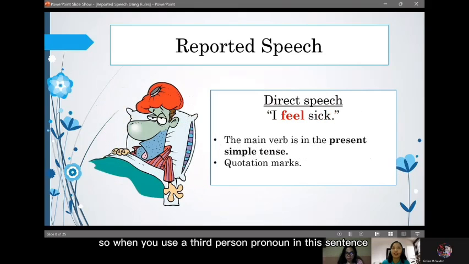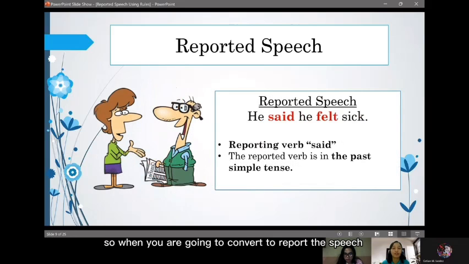So when you use a third person pronoun in a sentence, for example, he feels sick, and you convert to reported speech, there is no change in the pronoun. I mean, the pronoun used in the reported speech is still in the third person.